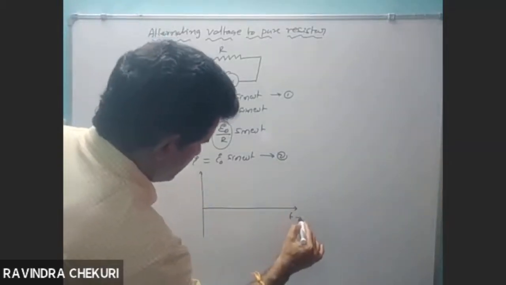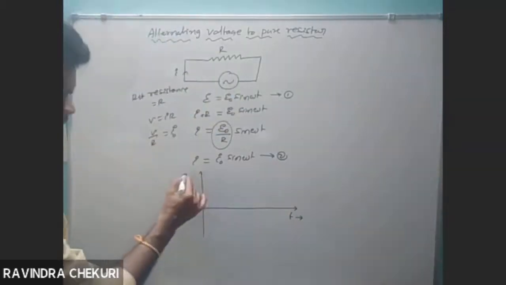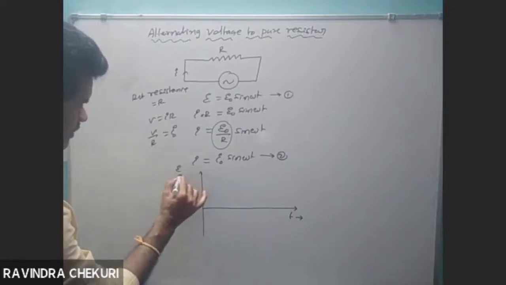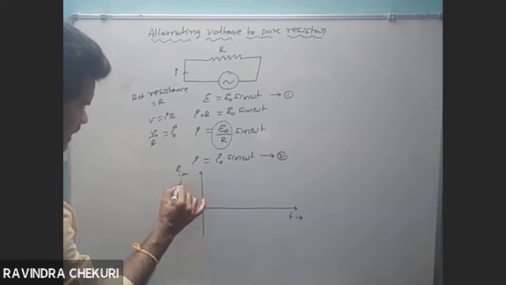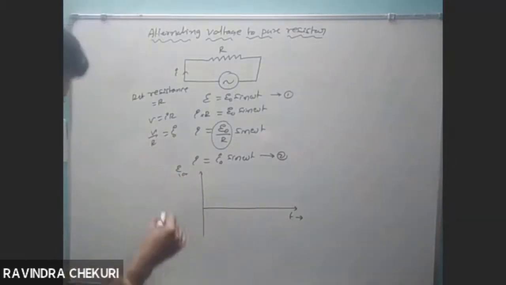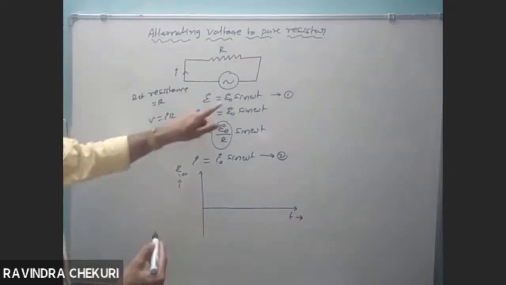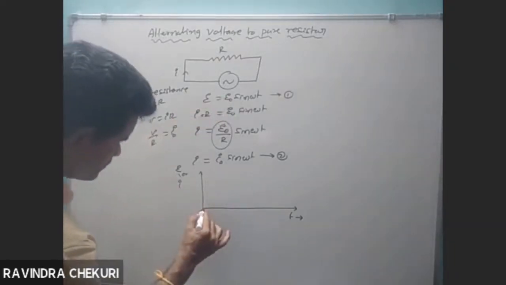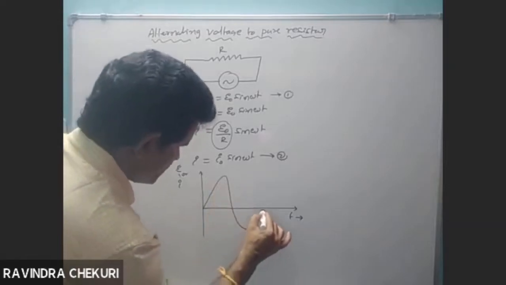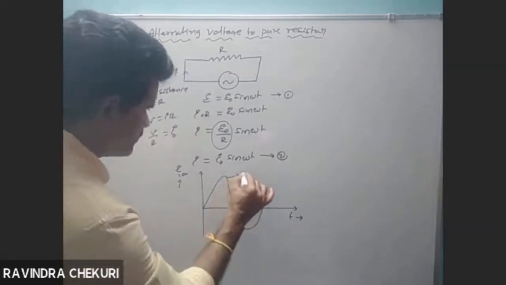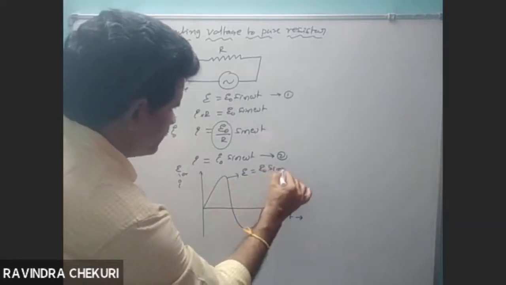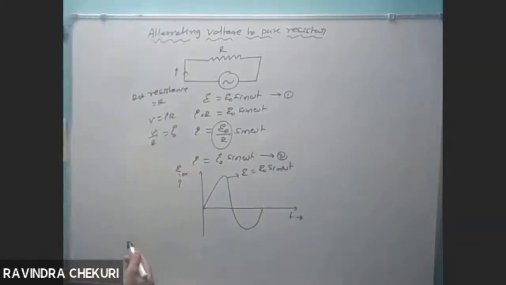Time is taken along the x-axis, and EMF or current along the y-axis. What is the applied EMF? E is equal to E0 sin omega t.